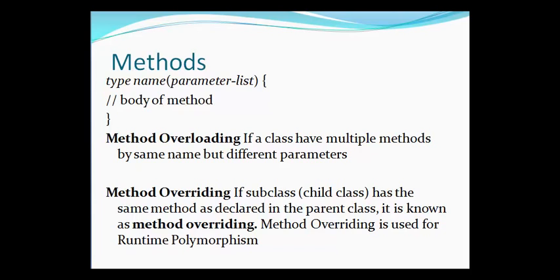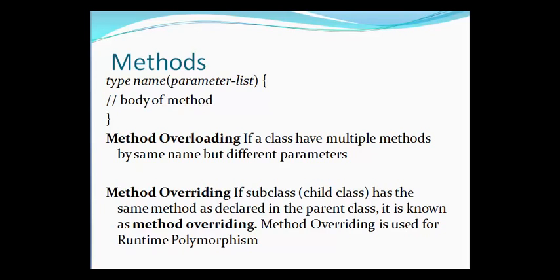Now let's go to the method overloading and method overriding concepts. If a class has multiple methods by the same name but different parameters, it is known as method overloading. It increases the readability of the program. Method overloading is one of the ways that Java supports polymorphism.